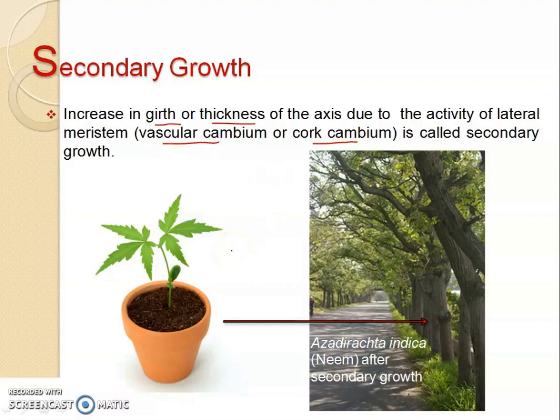In this picture, due to the secondary growth, the young stem of a sapling is converted into a hard trunk of a tree, in the case of Azadirachta indica, neem.